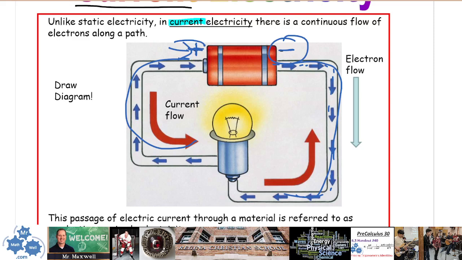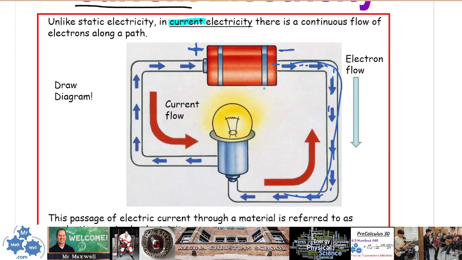Now, there is this strange sort of paradox here, and it's a little tough to explain. I don't know if I'll be explaining it much today, but even though we have electrons flowing one way, the current flow of electricity actually flows in the opposite direction.